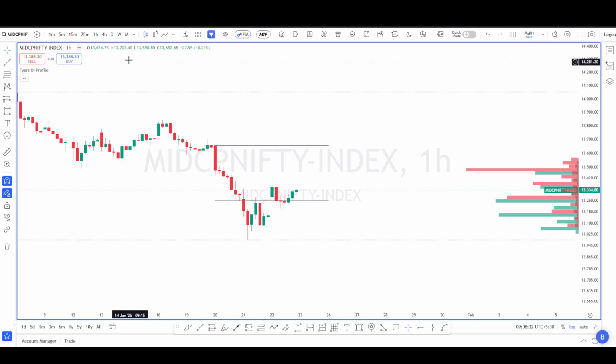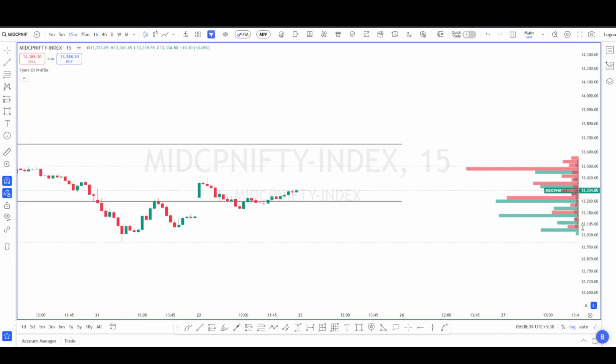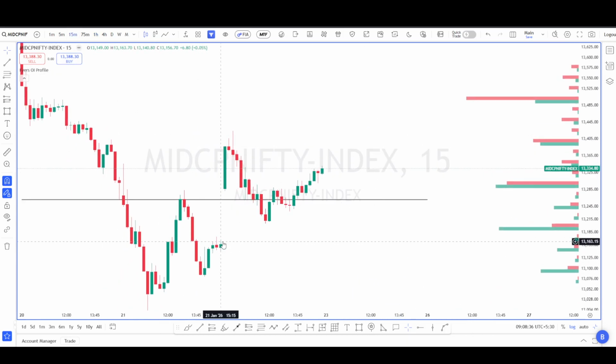Now what we can expect on the 15-minute time frame? Yesterday we had a gap up and then price continued to go down. It took a support. If I use a fib or a candle box tool, price came into a discount, and from discount we have this move towards the upside.